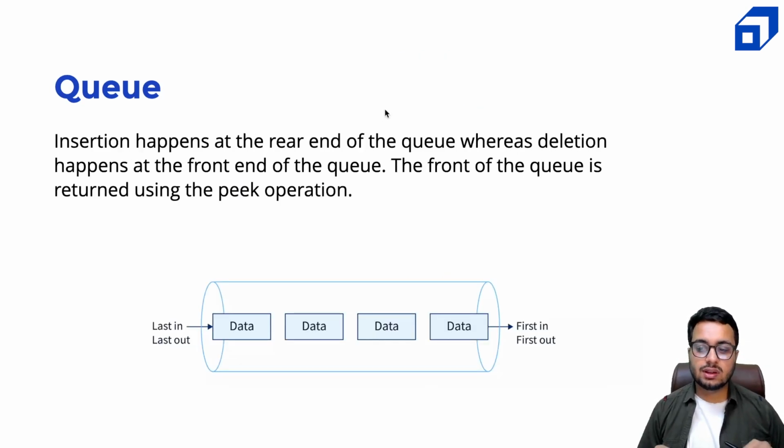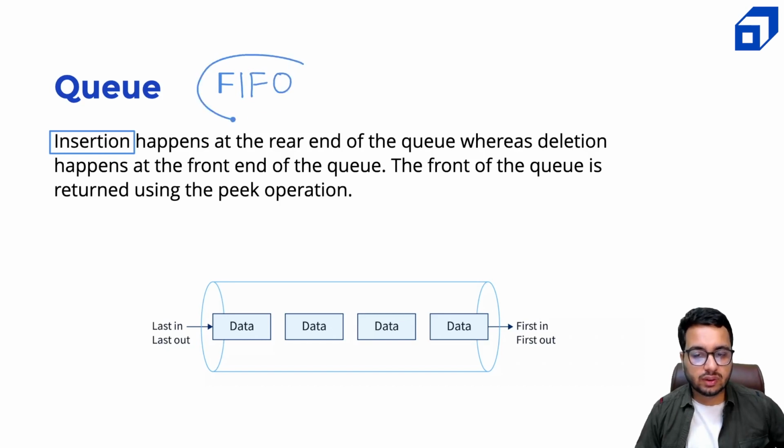Now let us talk a little bit more about the operations. As I discussed, one fundamental operation on the queue is insertion. I want to insert something into the queue. The kind of queue that we are discussing right now is called a FIFO queue, first in first out queue. Why? Because the person who joins the queue first is the first one to get served.